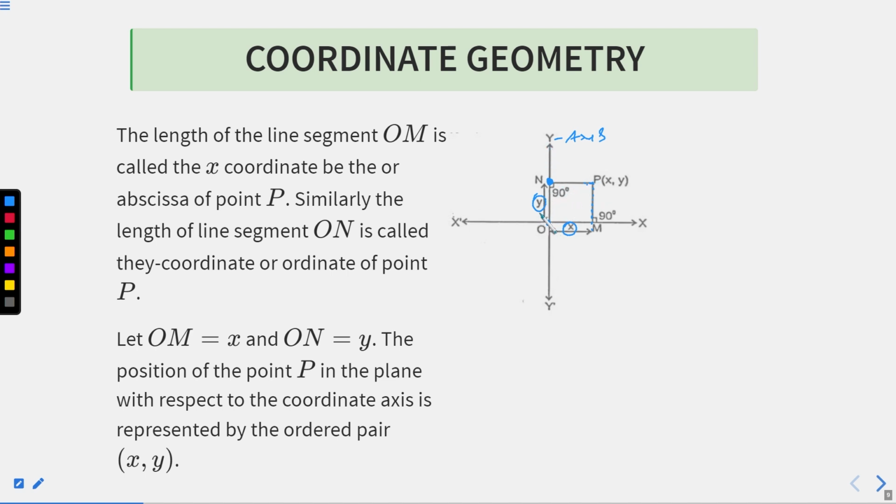The distance from the intersection point to the origin is y. Okay, clear?